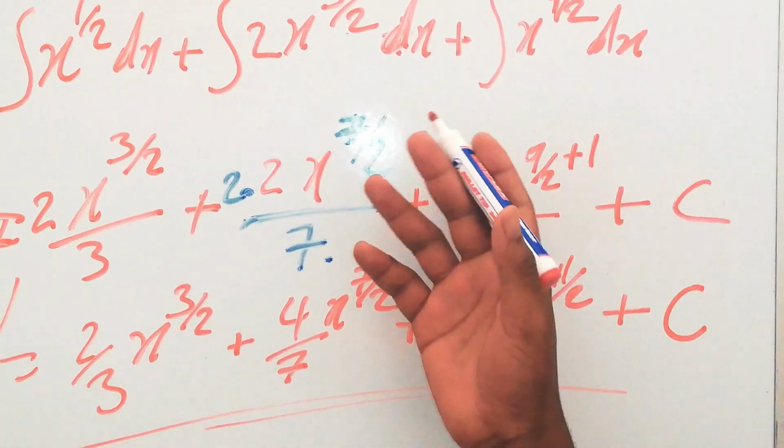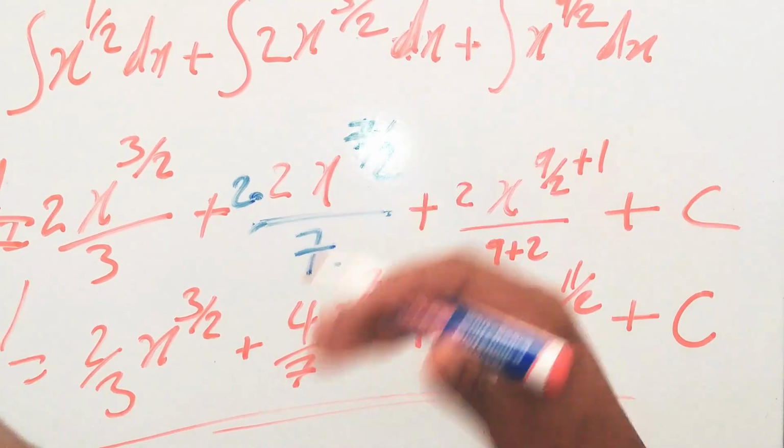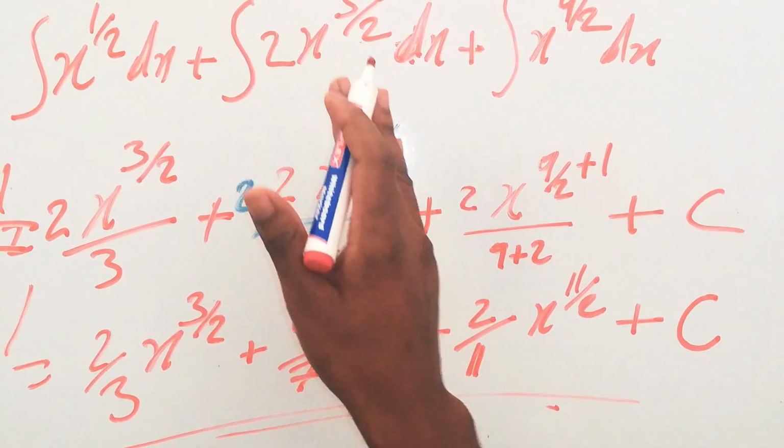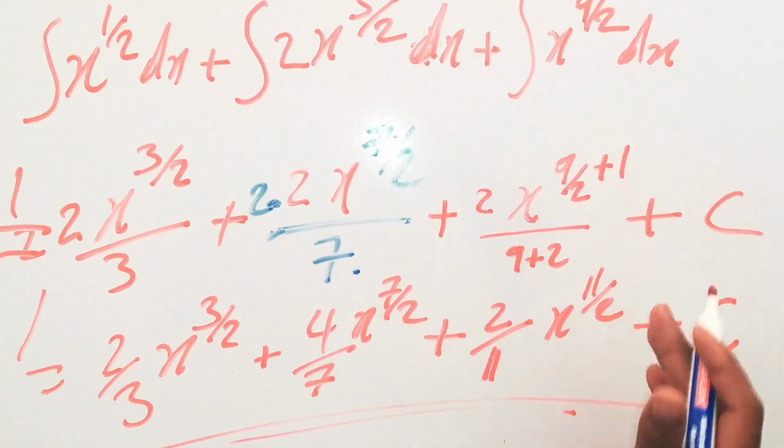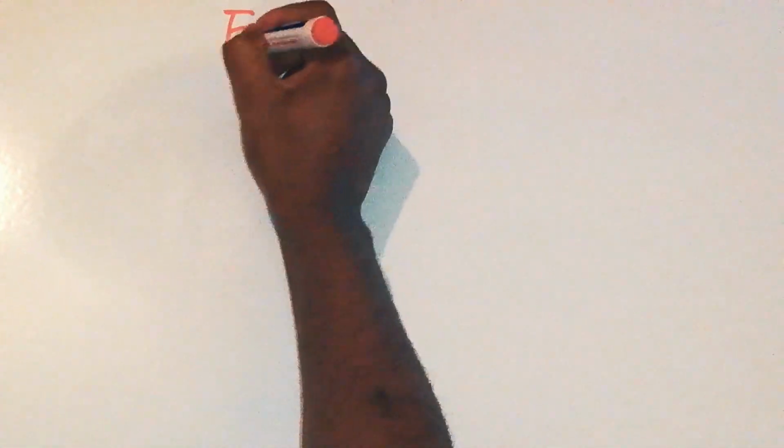So this is how you get the solution to this kind of problem. I'm going to write for you some exercises so that you can get deep into this, and after that we're going to take another step further. These exercises are for you.